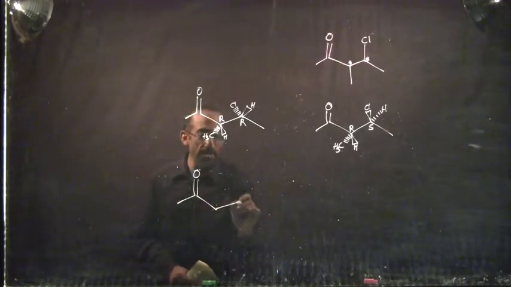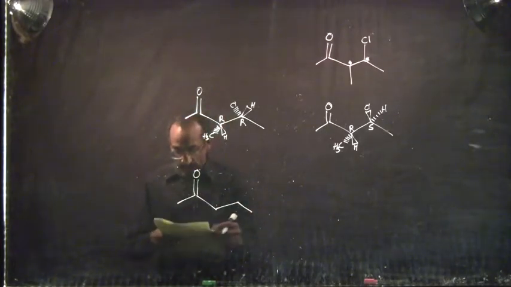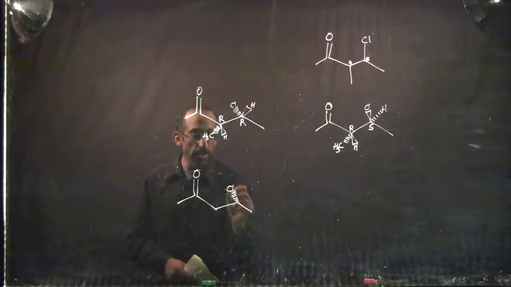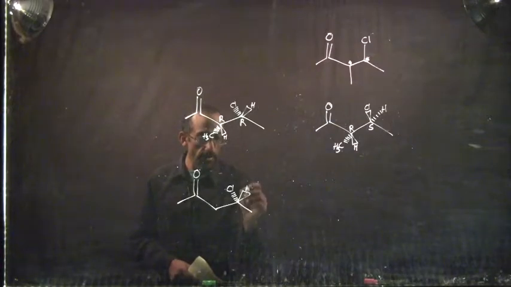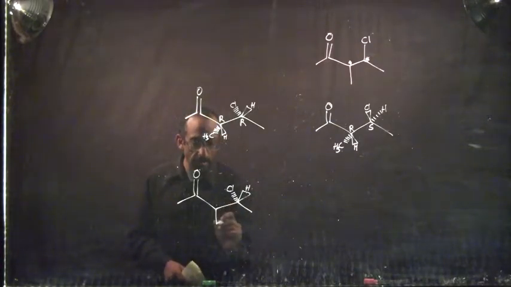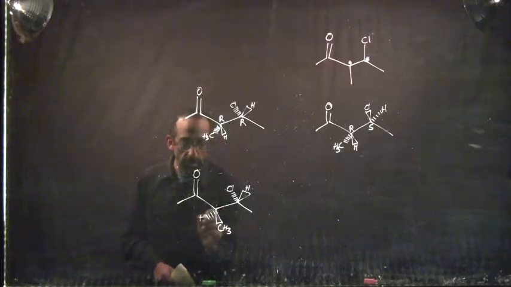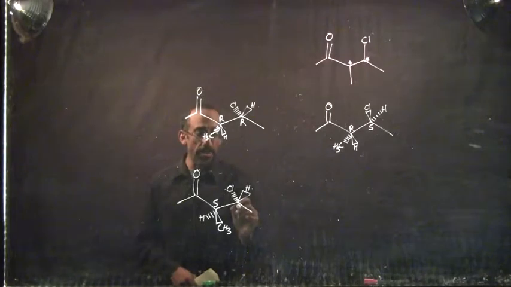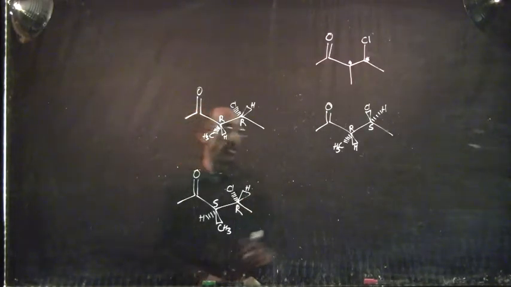I can do the opposite of that, where I keep my chlorine on a hash, and this time I put my methyl group on a wedge, which would give me S at this stereocenter and R at that stereocenter.